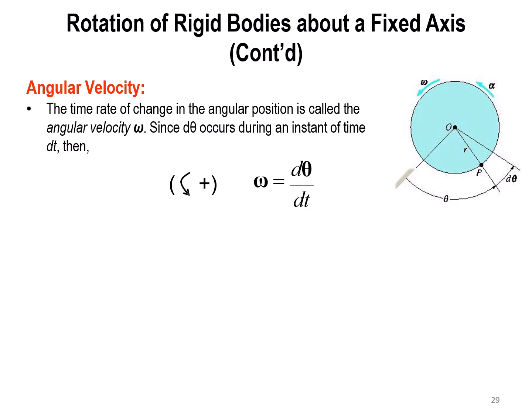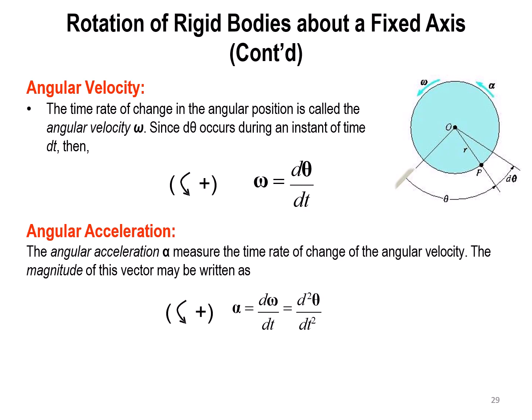The time rate of change in the angular position is called the angular velocity, omega. Since delta theta occurs during the instant of time dt, omega is the change in the angular displacement within the time of this change. Now the angular acceleration, alpha, measures the time rate of change of the angular velocity itself.